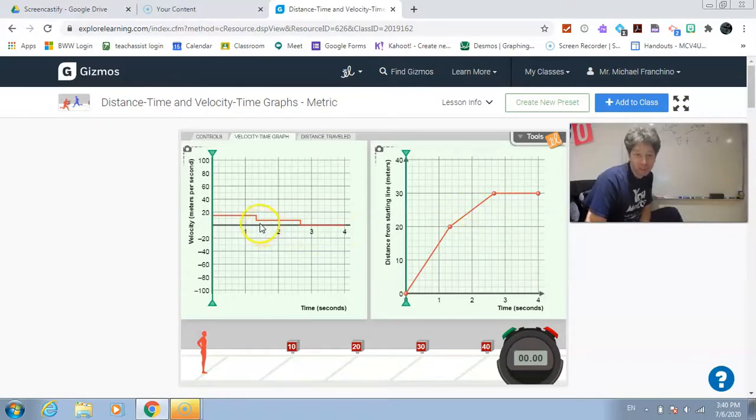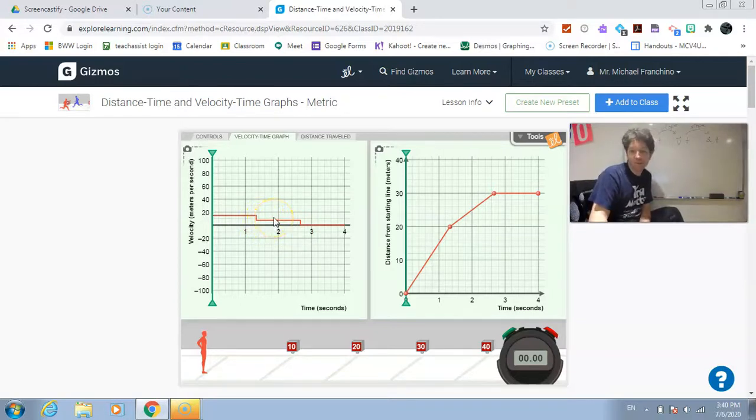If we find the area under this portion right here, the width is about 1.4 seconds, and the height looks to be just under 10.